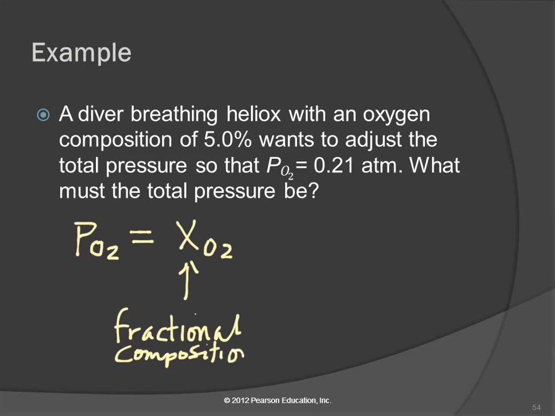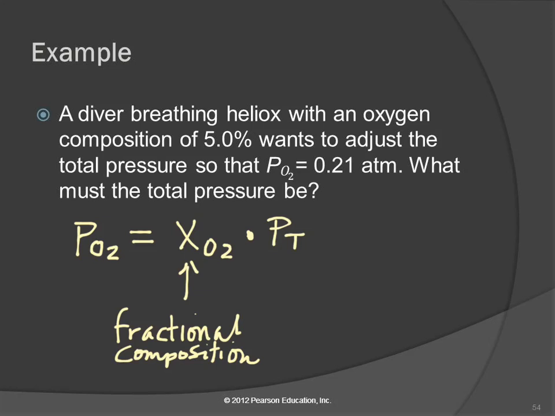That's why we use variables. The fractional composition times the total pressure. So the fractional composition of this heliox is 5%, 5 over 100, or 0.05.